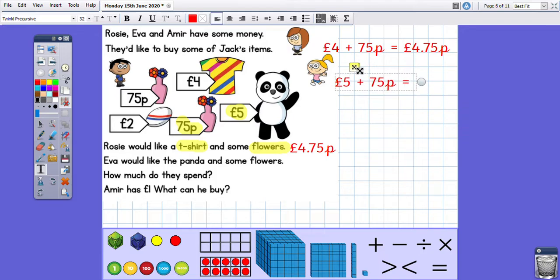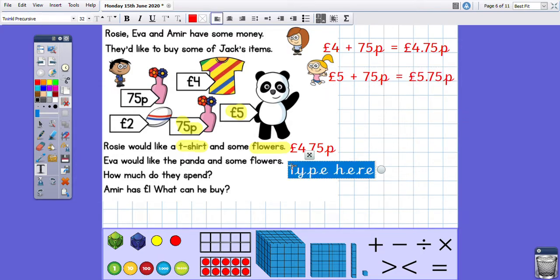So in my pound column, I've still only got £5 because there are £0 in 75p. And then in my pence column, I've just got the 75p because there are no pence in £5. So she spends £5.75.